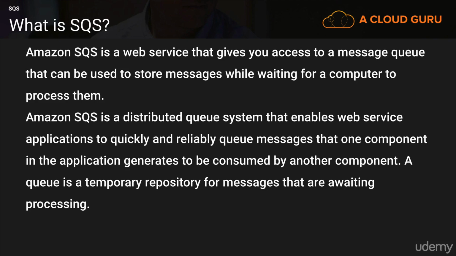So if we have an example of a web application, maybe you upload an image file to this web application, and then what that web application will do is alert the SQS that a user has uploaded an image file and that a job needs to be executed on it. So it will store that message on the SQS system.